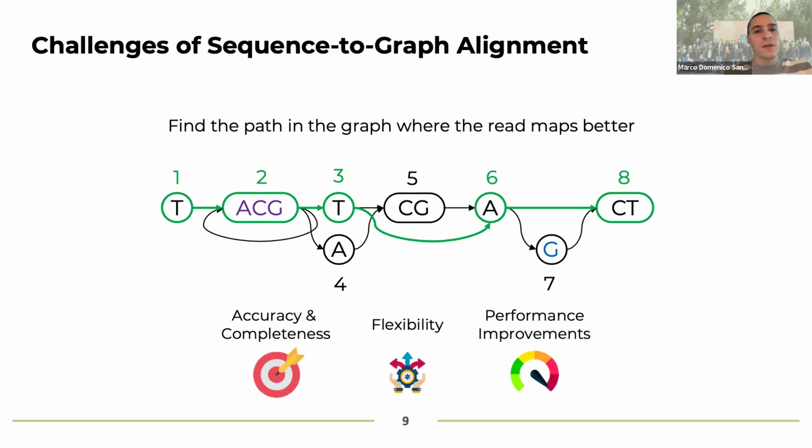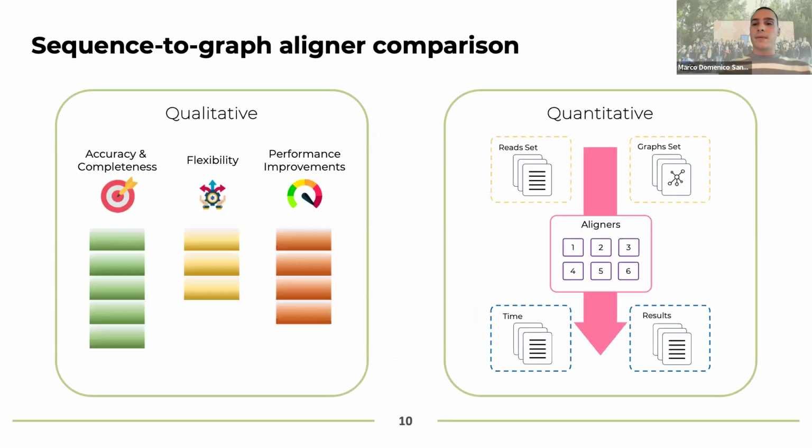Well, the successful execution of this task is influenced by different factors. For example, the accuracy and completeness of the results, the flexibility of the tools, and also the performance improvements on top of the alignment algorithms. So in order to investigate the trends in developing this type of tools, so sequence-to-graph aligners, I implemented a novel methodology for a comprehensive analysis of the state-of-the-art tools.